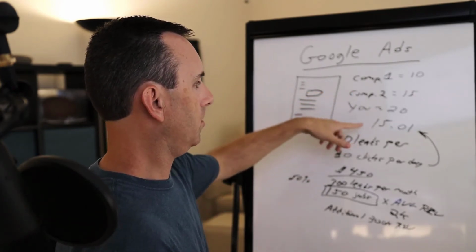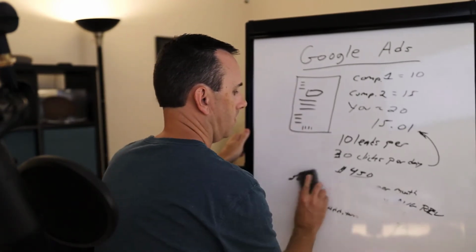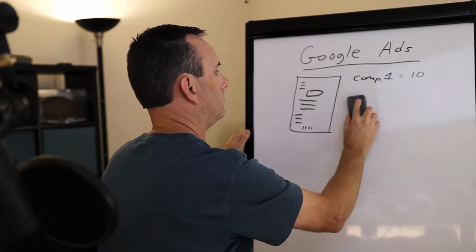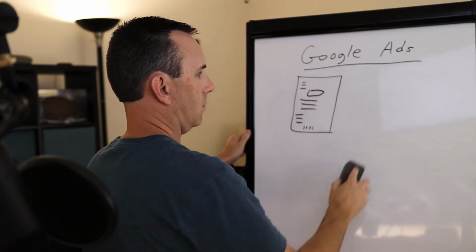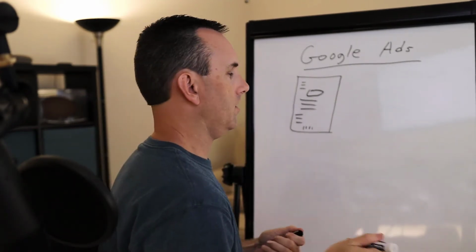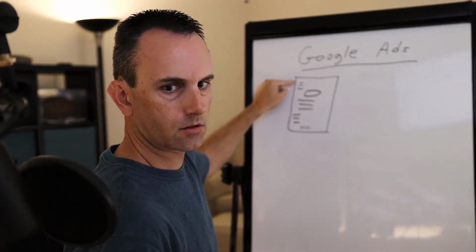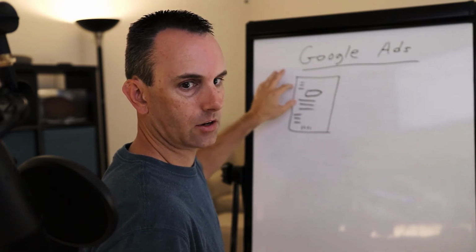So what I tell people is you have some competitors. You have some people out there that just say, you know what, I want to be number one on Google. I don't care what it takes, whatever I have to pay, I want to make sure I'm number one.